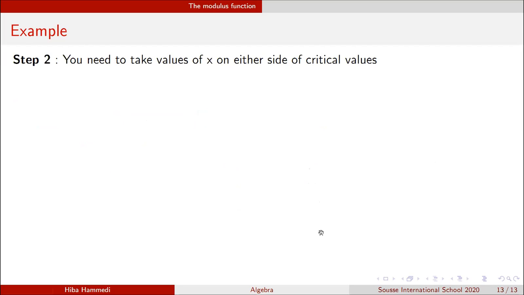Second step, I need to take values in different regions between the two solutions.